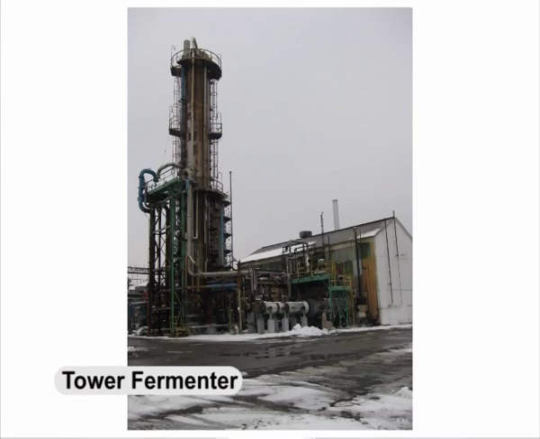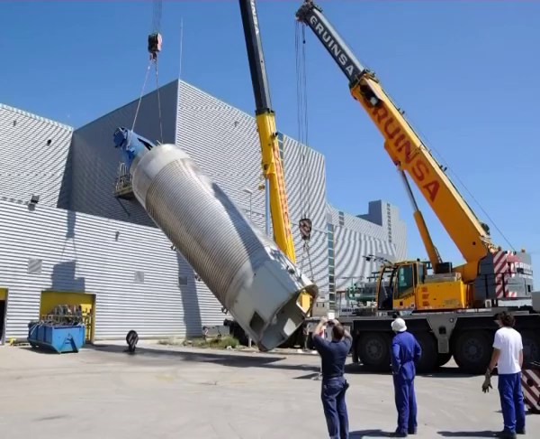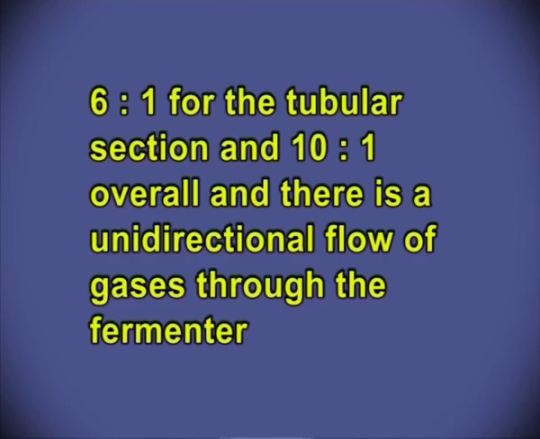Tower fermenter. A tower fermenter has been defined by Greenshields and co-workers as an elongated non-mechanical stirred fermenter that has an aspect ratio, height to diameter ratio, of at least 6:1 for the tubular section and 10:1 overall, and there is a unidirectional flow of gases through the fermenter.